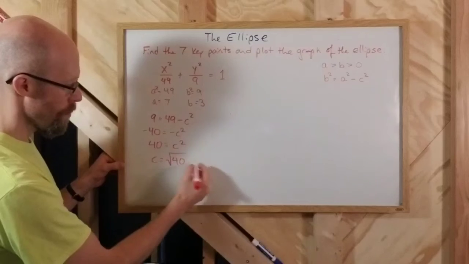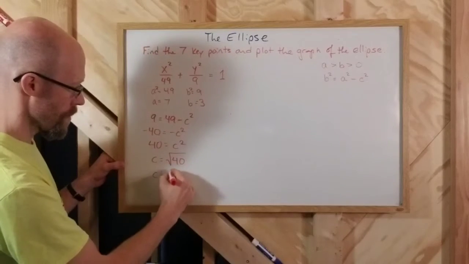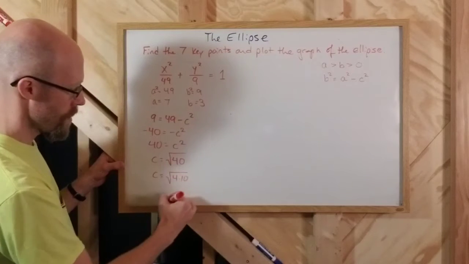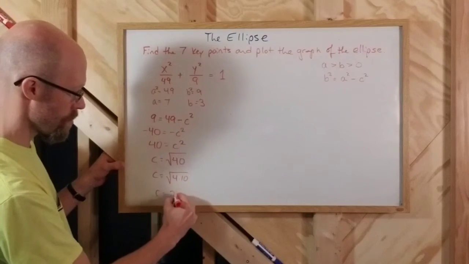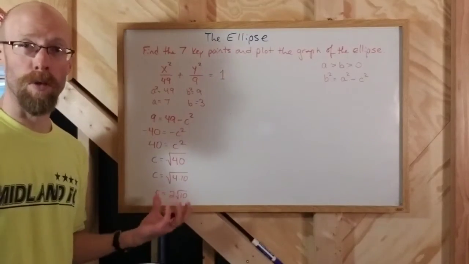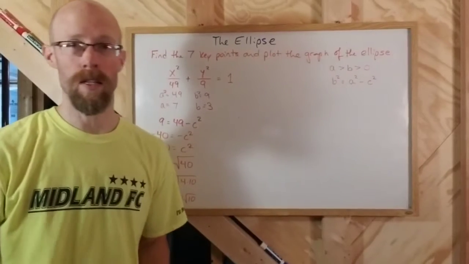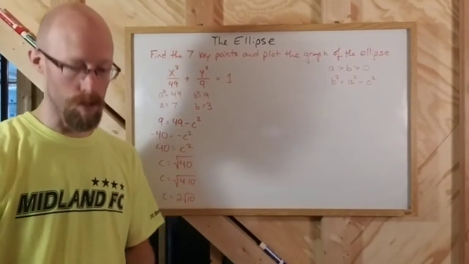And 40 is factorable. It is really 4 times 10, so that's 2 root 10. C is 2 times the square root of 10. Now, to be able to plot this, I'm going to need a decimal approximation of 2 root 10.